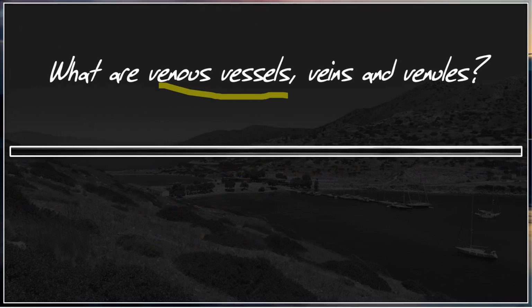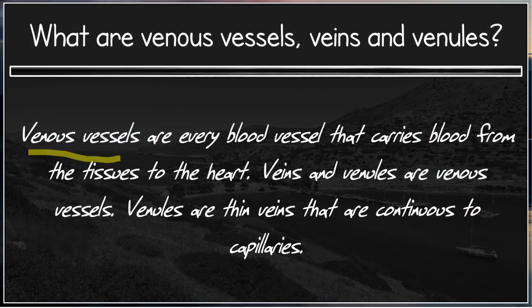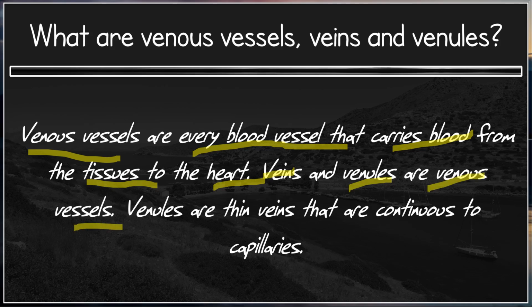What are venous vessels, veins, and venules? Venous vessels are every blood vessel that carries blood from the tissue to the heart. Veins and venules are venous vessels.